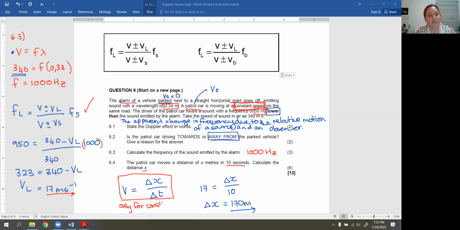You've got to make sure that you've got this constant velocity to begin with, or there's a big problem. So we then plug in our constant velocity, it shouldn't be a negative, constant velocity of 17. We're looking for the distance that it covers in 10 seconds, and we get that it covers 170 meters.